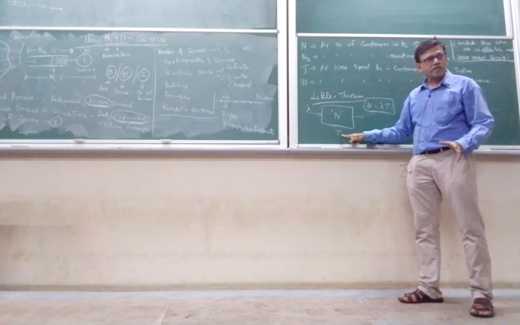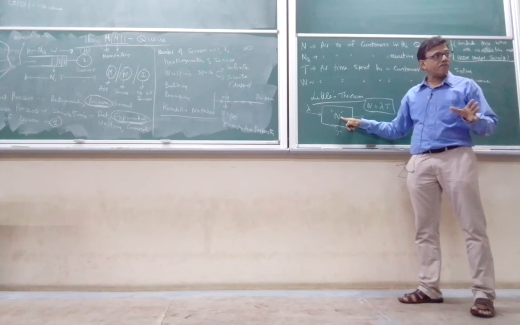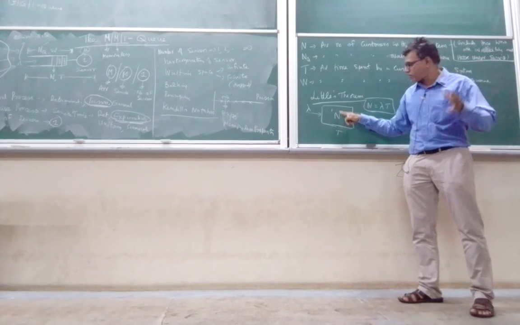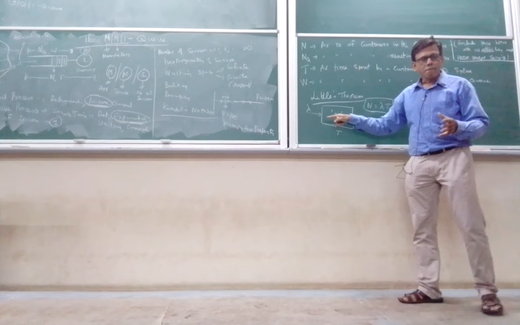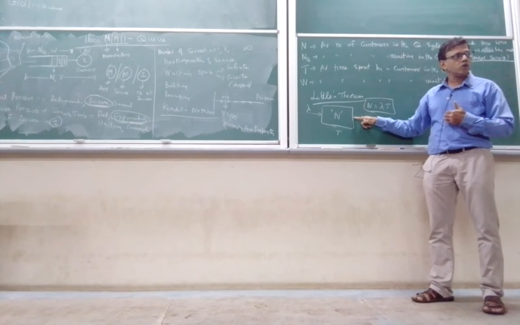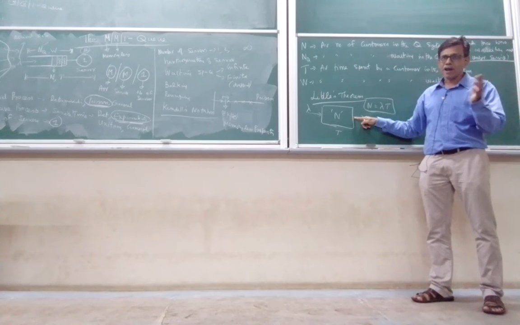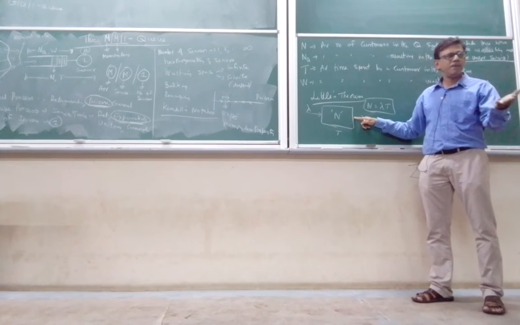T is the time on the average a customer spends in the queue. N is the number of customers in the queue. One way of looking at it is, by the time someone leaves the queuing system, the number of customers who would have joined at the back of that customer will be N on the average.